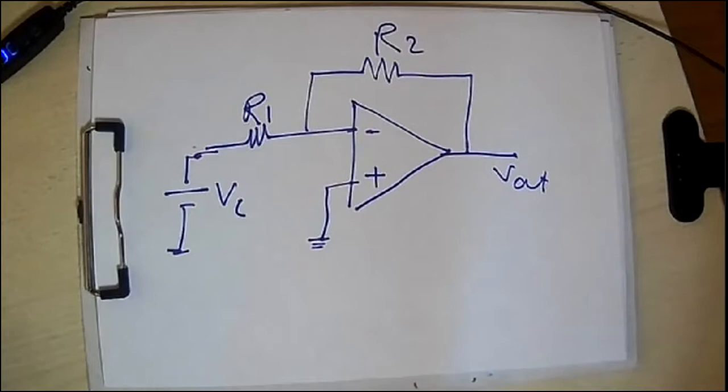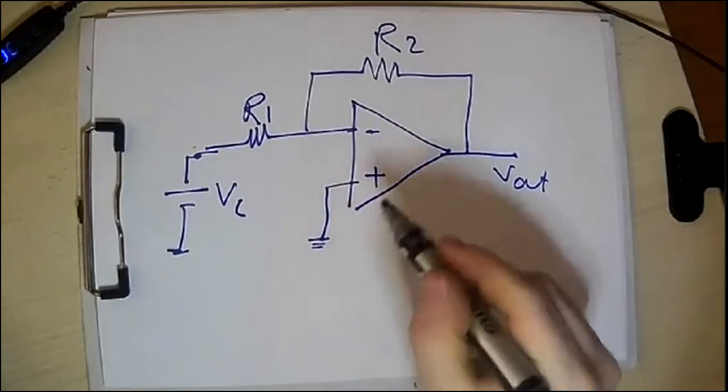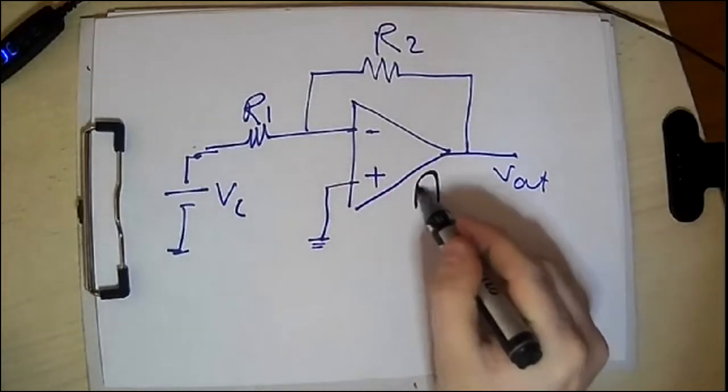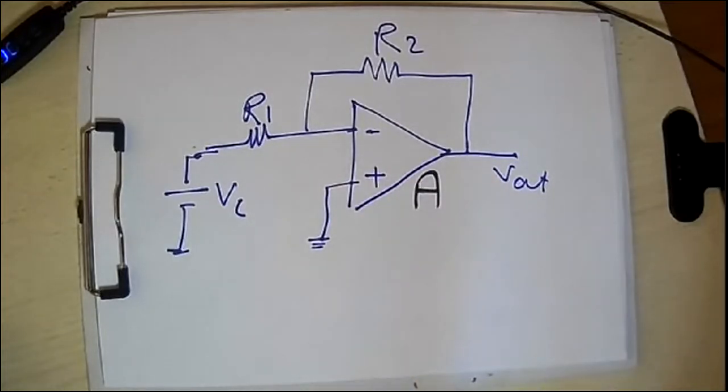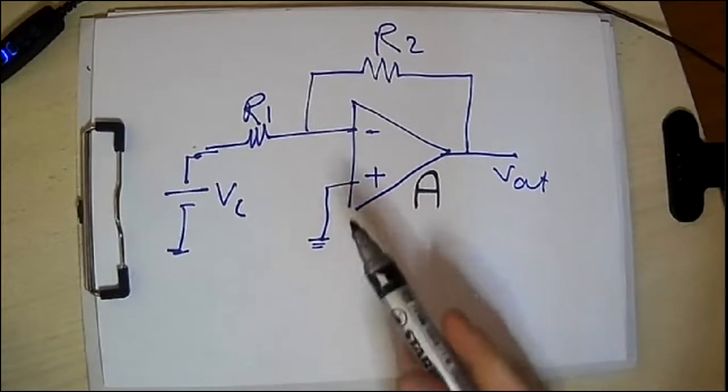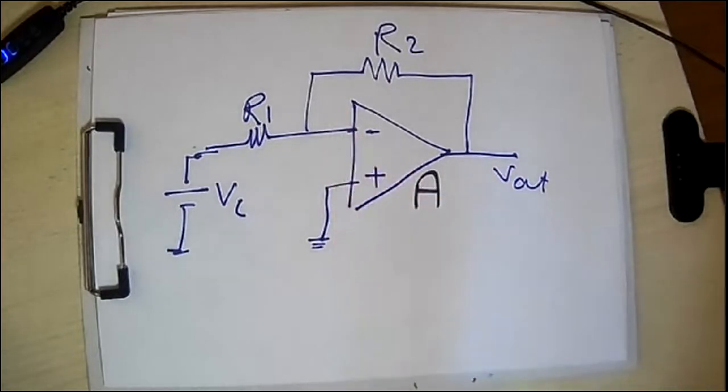Now we are going to solve this circuit, but now we have a finite open loop gain called A, and we are not able to say that V2 is equal to V1 because A is a finite value. So what are we going to do?